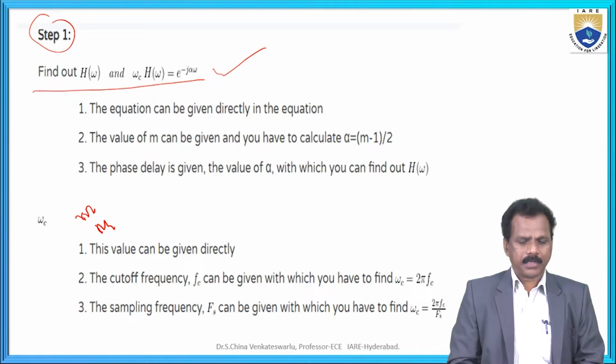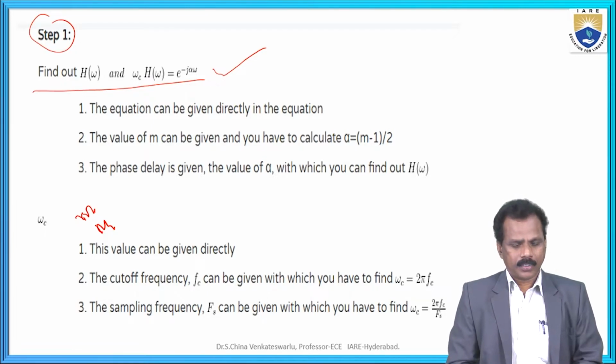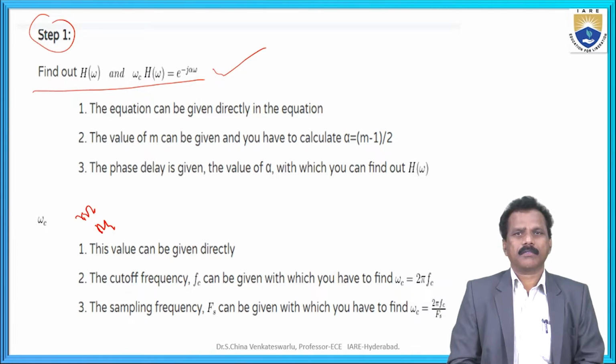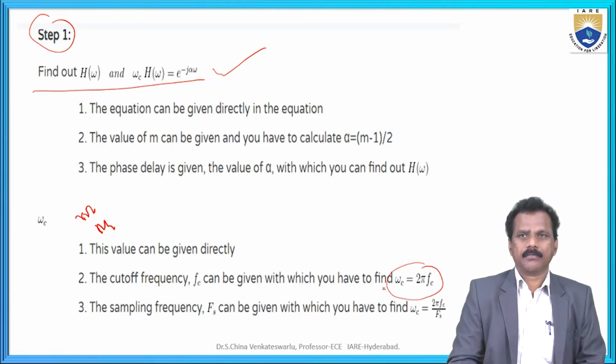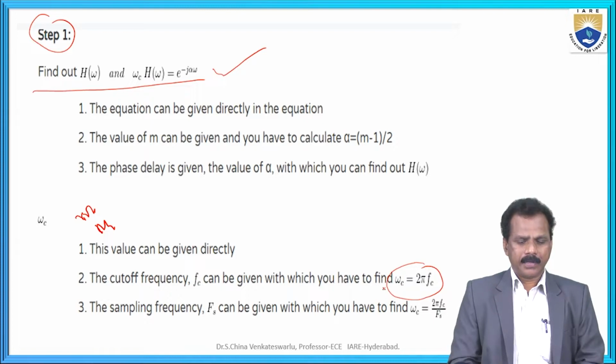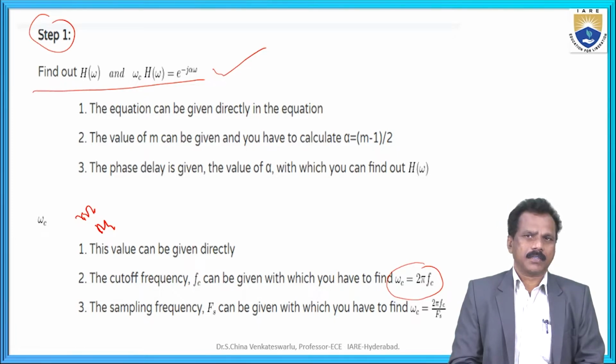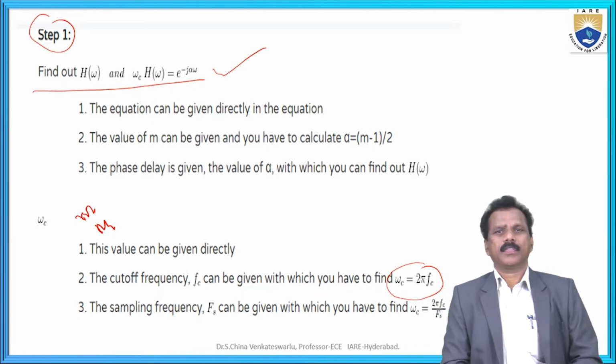The cutoff frequency fc can be given directly, with which we have to find omega c equal to 2 pi fc. If the sampling frequency fs is also given, then omega c is equal to 2 pi fc by fs. Here fs and fc are given, so you can calculate omega c.